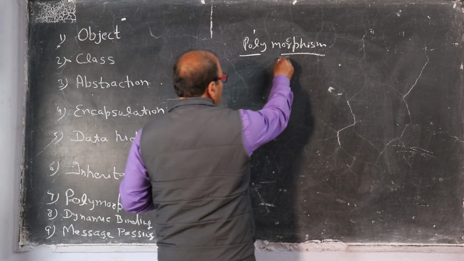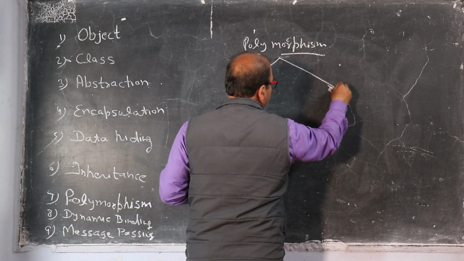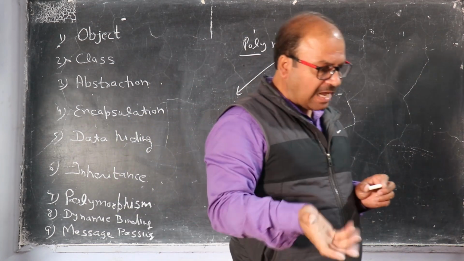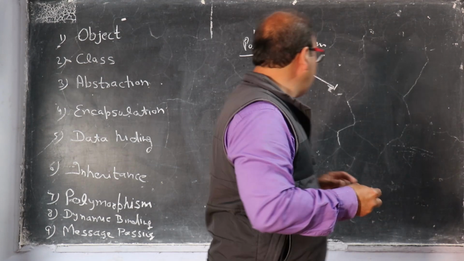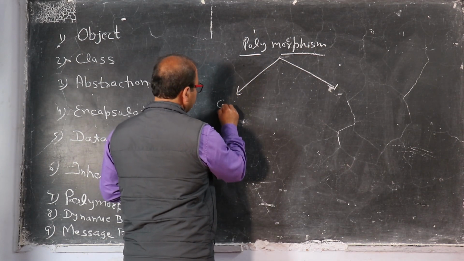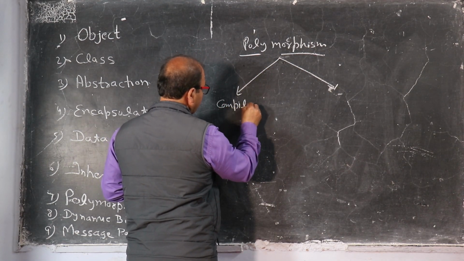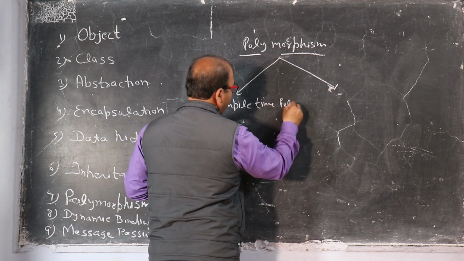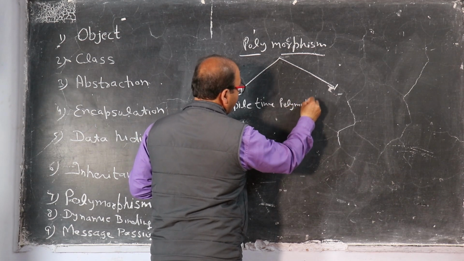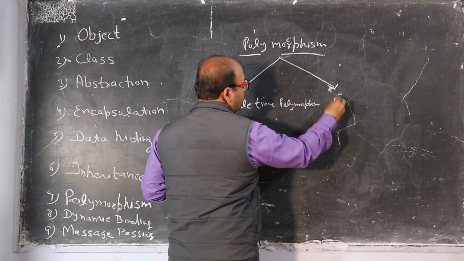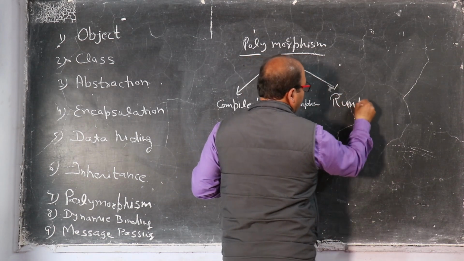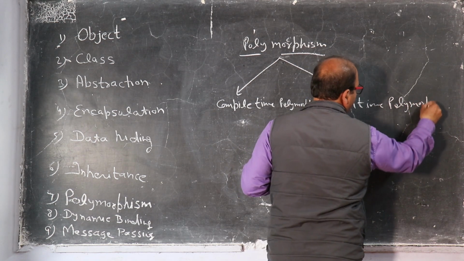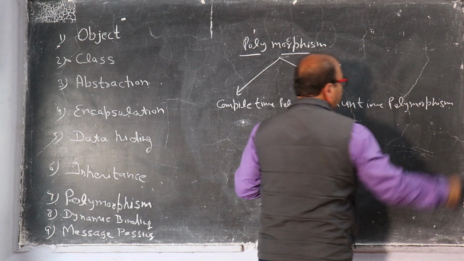Basically, polymorphism is of two types. One is compile time polymorphism and the second is runtime polymorphism.